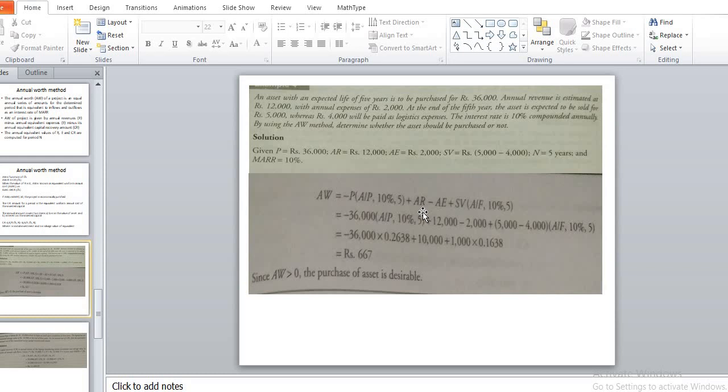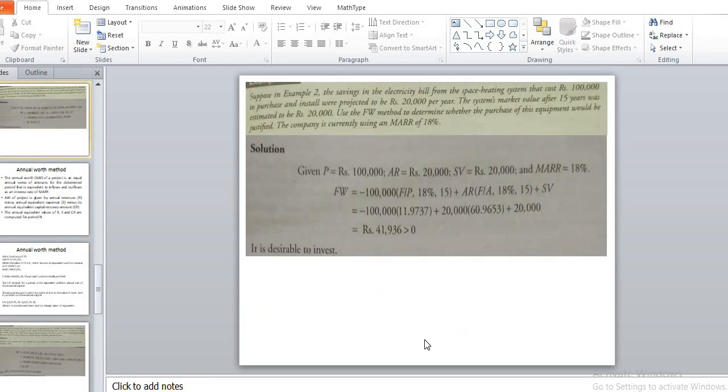Annual revenue is 12,000, annual expense is 2,000, salvage value is 5,000 minus 4,000, and principal investment is 36,000. Only the capital recovery and sinking fund factors need to be calculated, using the table.